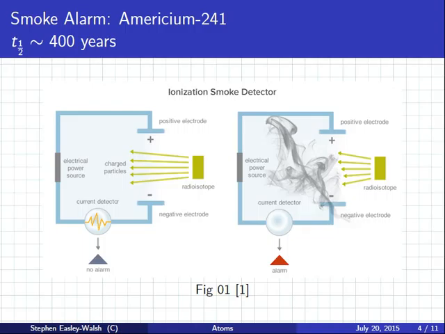So what happens to the current? The current turns off, and then the alarm goes on. Smoke alarms, not all of them but a lot, have a very, very small amount of this radioactive material. And you might say, how long will this material last? Well, the half-life is 400 years. So it will last longer than you, which is what you want.